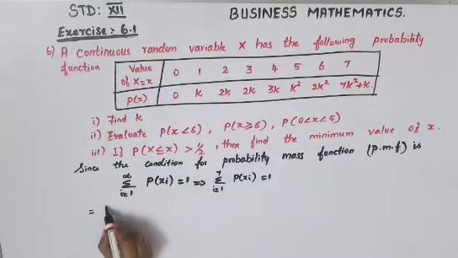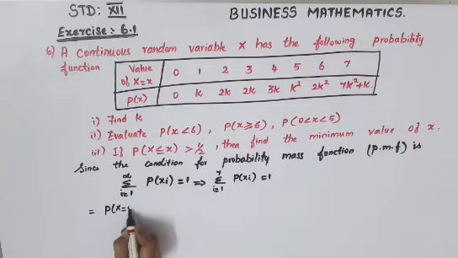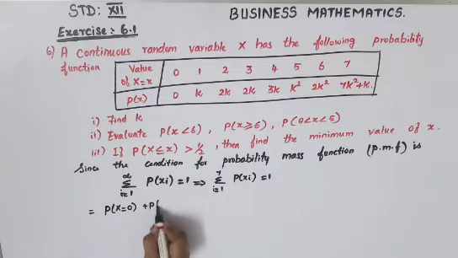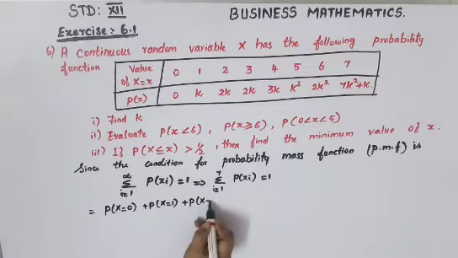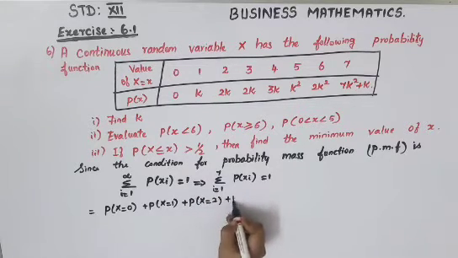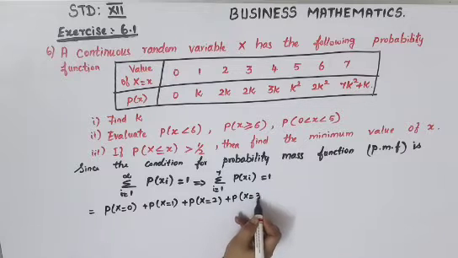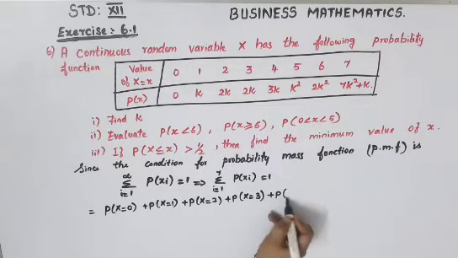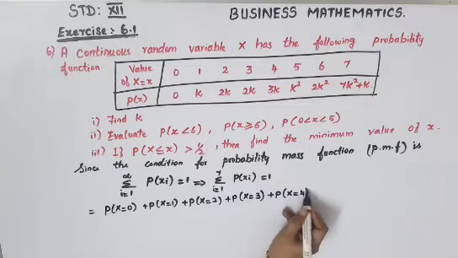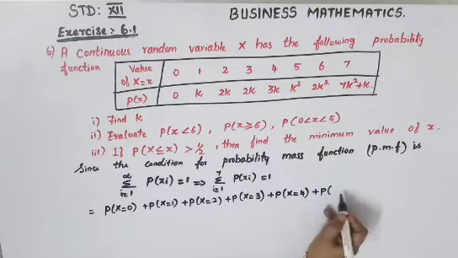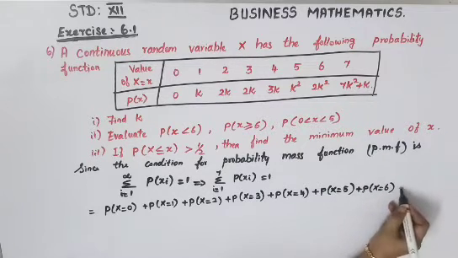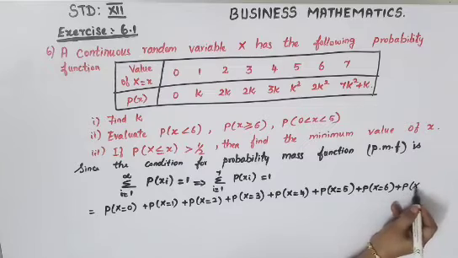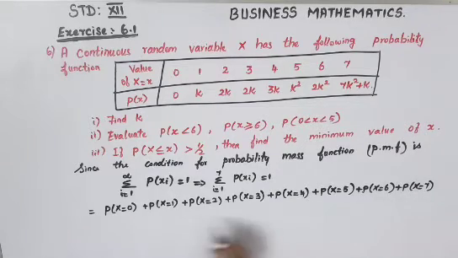That is equal to p of x is equal to 0 plus p of x is equal to 1 plus p of x is equal to 2 plus p of x is equal to 3 plus p of x is equal to 4, up to 7 you will have to write it. Okay, so p of x is equal to 5, p of x is equal to 6 plus p of x is equal to 7.